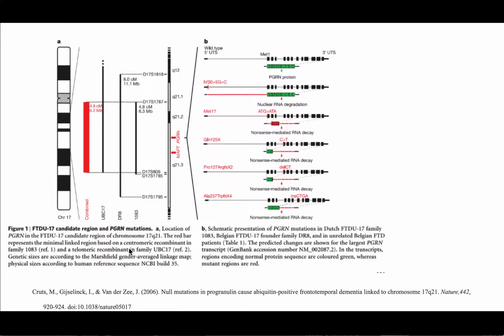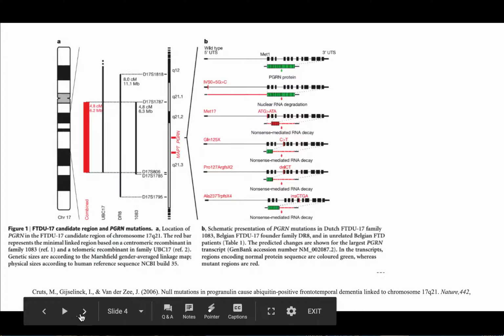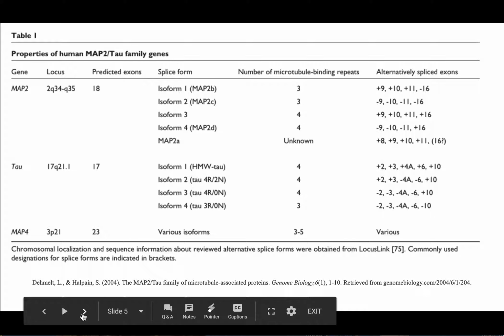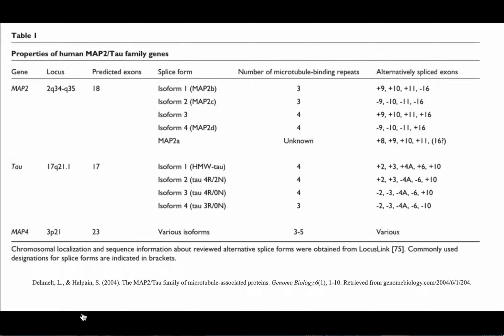Some research has shown that there are certain populations or ethnic populations that are more prone to having FTD. There were 2 studies done focusing on China and showing that there's a heavy prevalence of FTD within their population. So here they are linking it to the MAP2 tau.